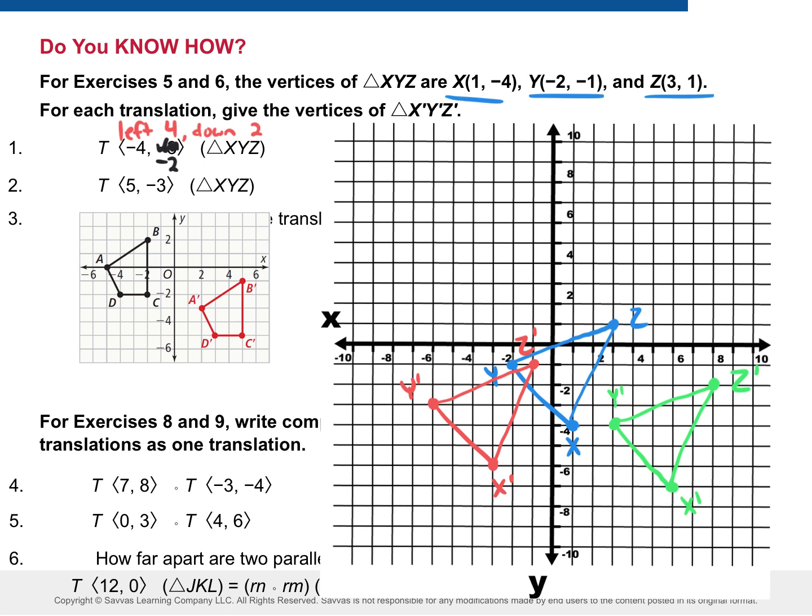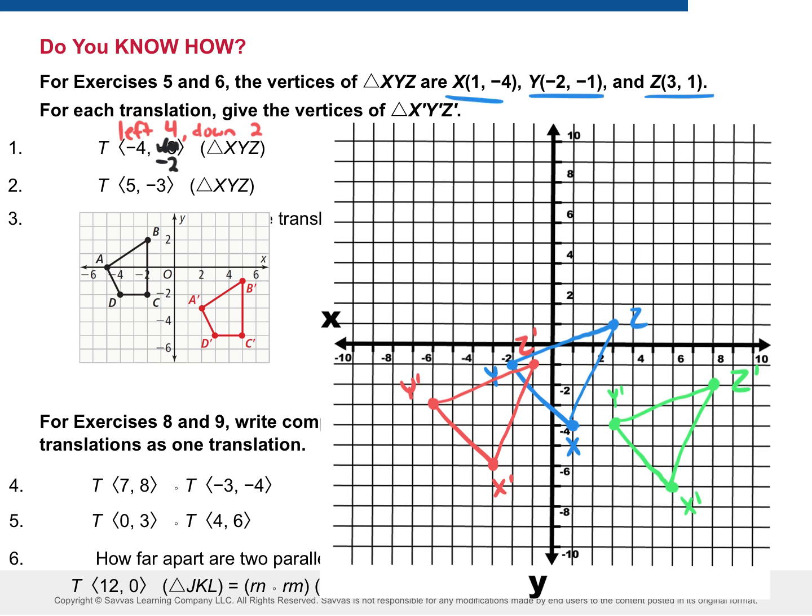Okay, there's number 6. So the blue is my original, the red is my number 5, the green is my number 6. All right, let's go ahead and talk about these here.